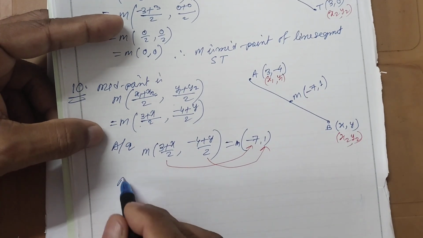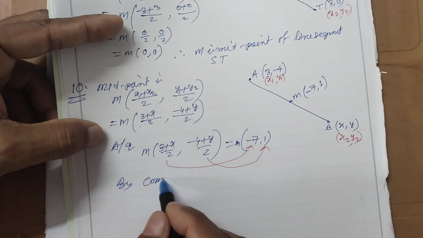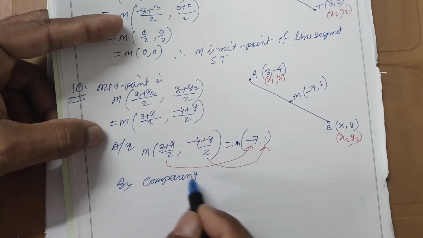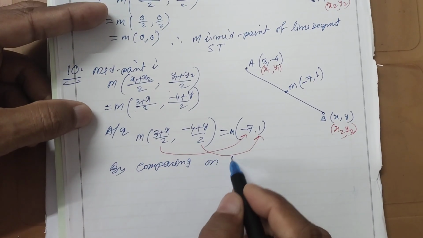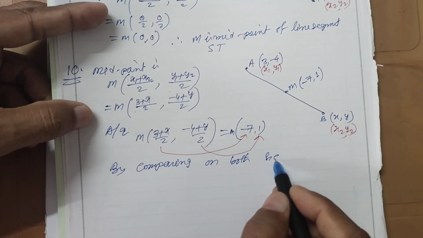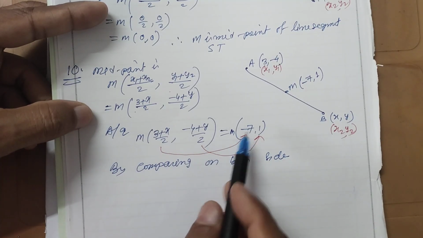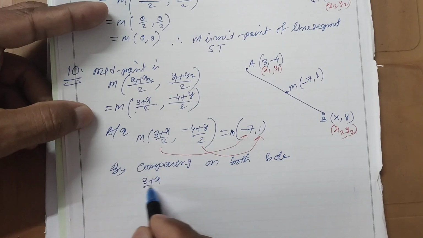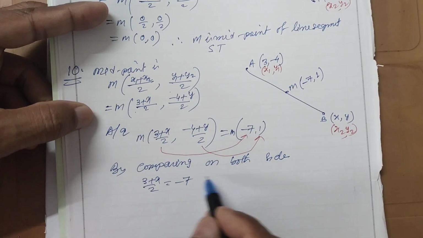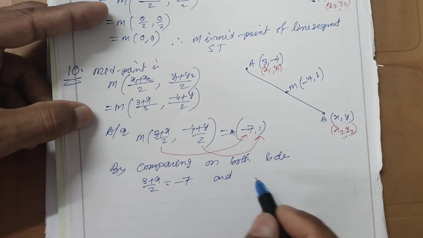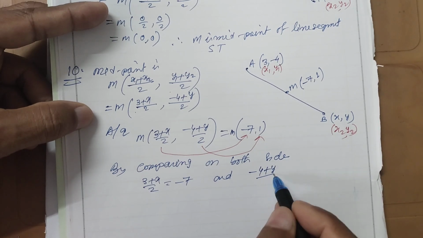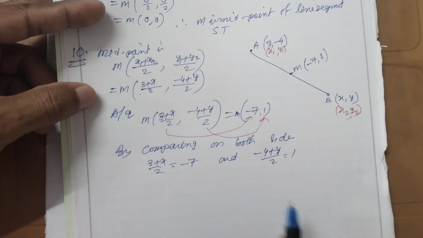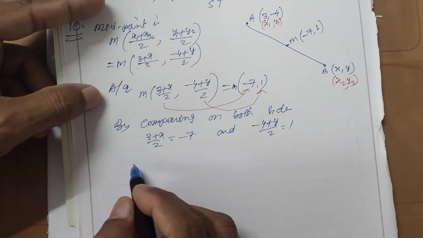So by comparing both sides, (3 plus x) by 2 must be equal to -7, and (-4 plus y) by 2 must be equal to 1, and we can solve to get the values of x and y. These are linear equations.